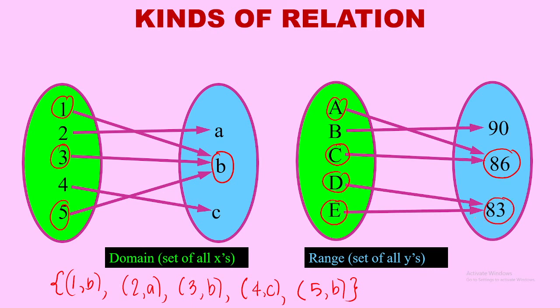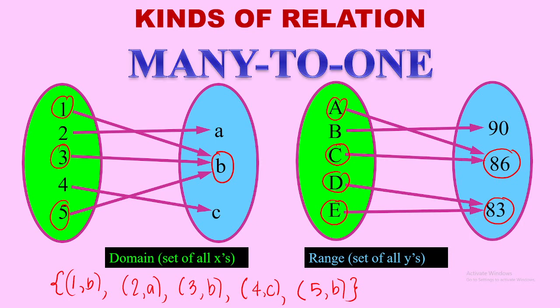And this is what you call a many-to-one relation. Again, many values in the domain paired to one value in the range. And as you can see over the set, there is repetition in the range. The letter B is an element of the range and it is repeating.